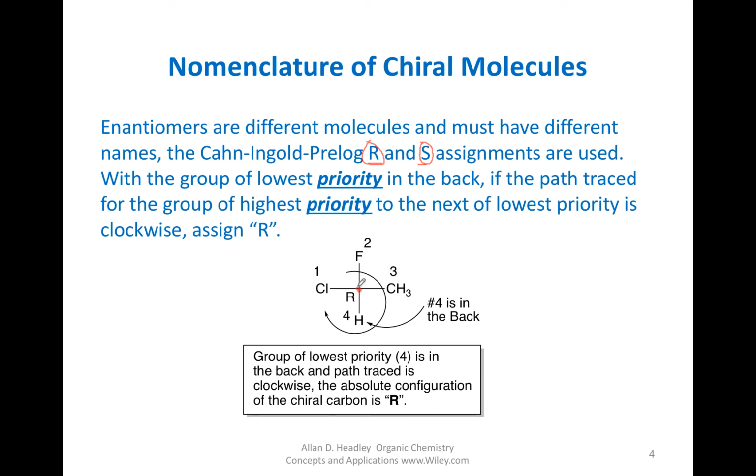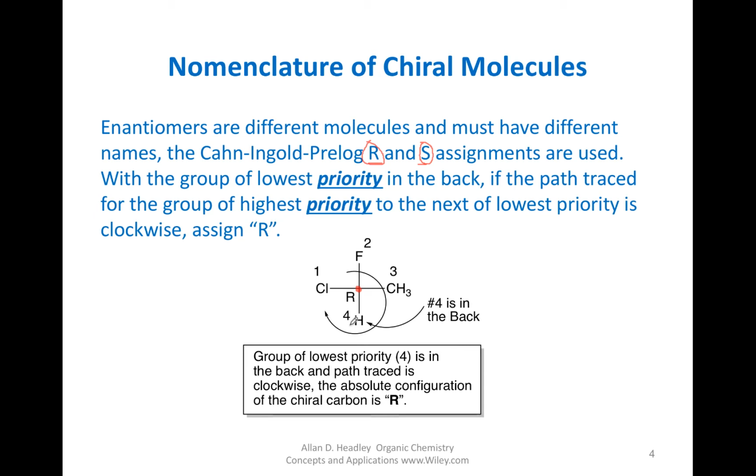Here's a carbon that I'm highlighting here in red, and it has 4 different groups bonded to that carbon. The first rule is to assign priorities to the atoms that are bonded directly to that carbon. Priorities here are based on atomic number.